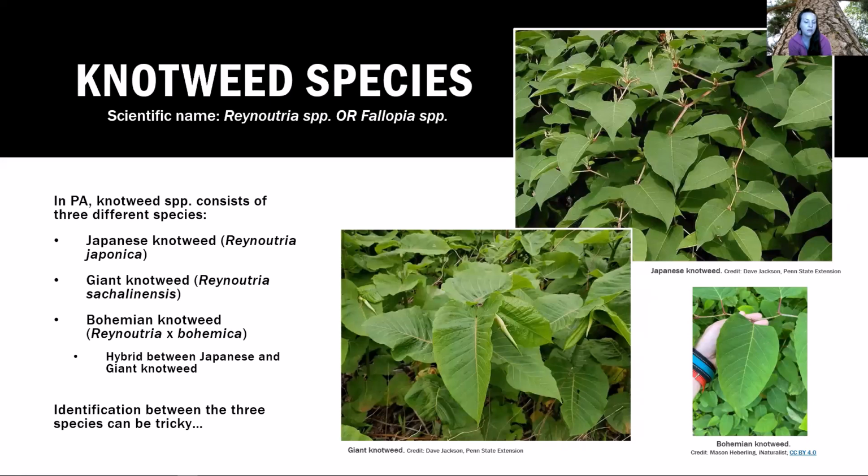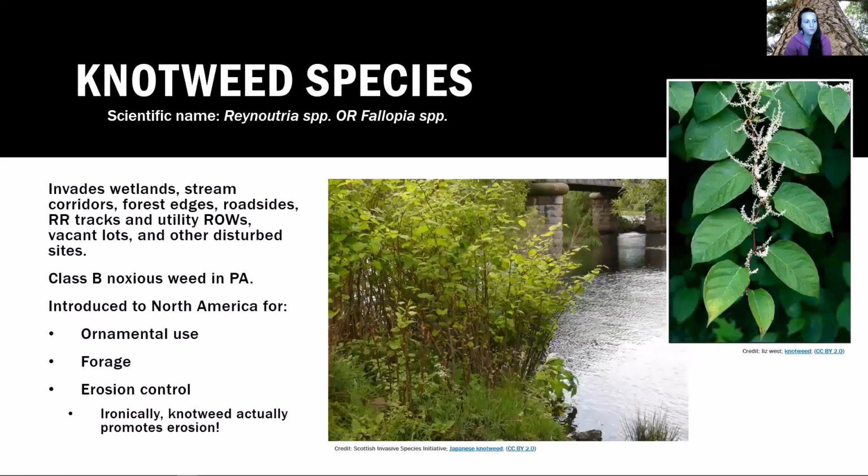And the base of the leaf on both the giant knotweed and the Bohemian knotweed will be rounded or curved. So that can be something else to look at. But just looking at the size of the leaf alone may not necessarily be a good indicator because things can vary very much. So looking more at the base of the leaf will probably be very helpful in helping to distinguish between these species.